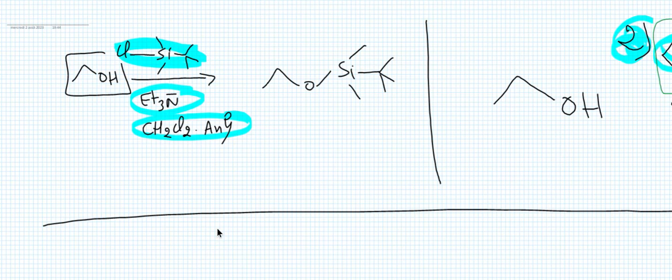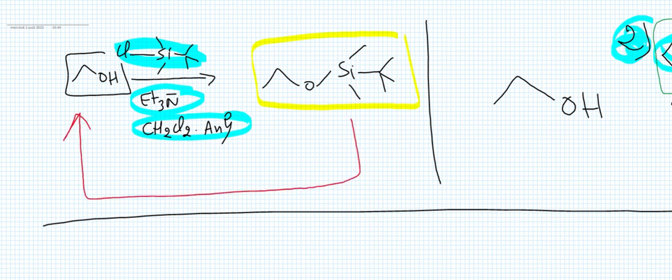Well, let's talk about the mechanism of the deprotection of the first reaction, like the reaction we did before. Whenever we find the silyl ether, this form of silyl ether, this one in yellow, we always use a source of fluorine, for example, TBAF, tetrabutylammonium fluoride.